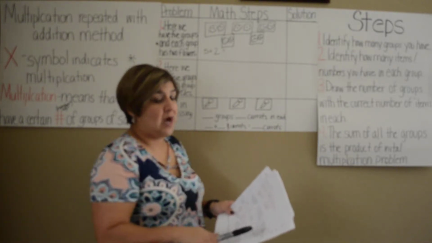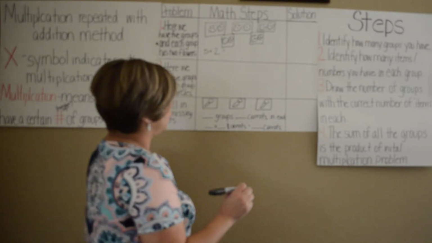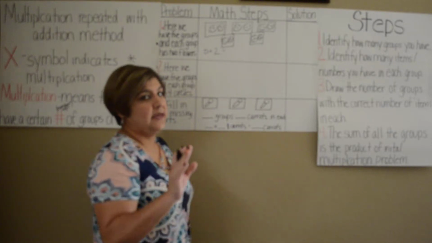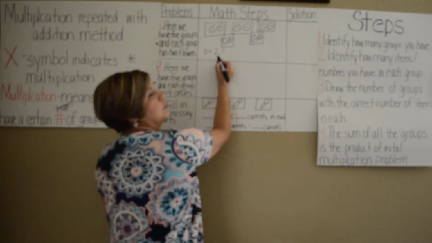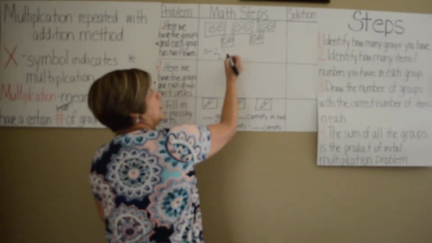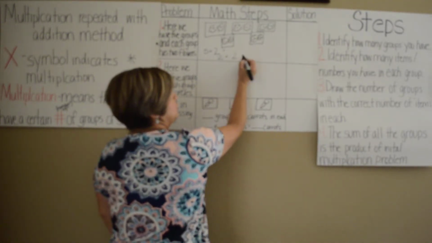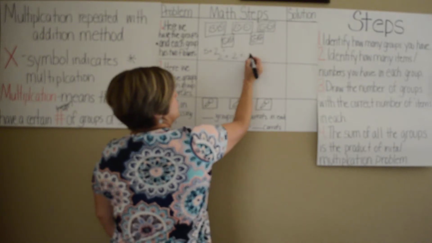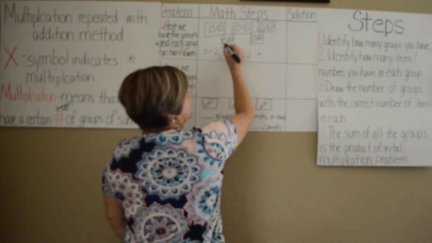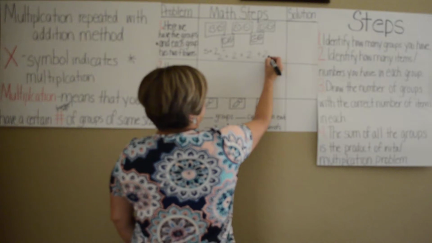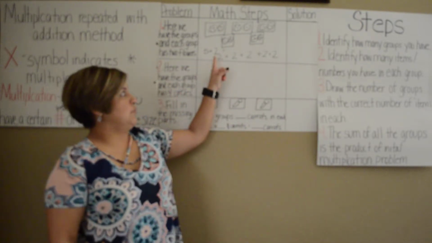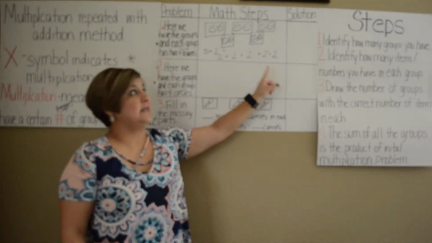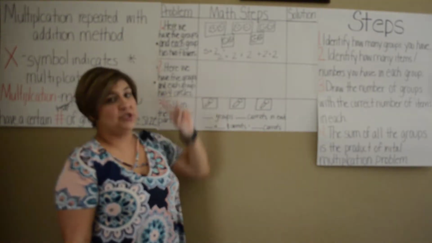We can also solve it by adding to get your answer as well. So we have 2 plus 2 plus 2 plus 2 plus 2. So we can add up all these 2's to get our answer of 5 times 2.